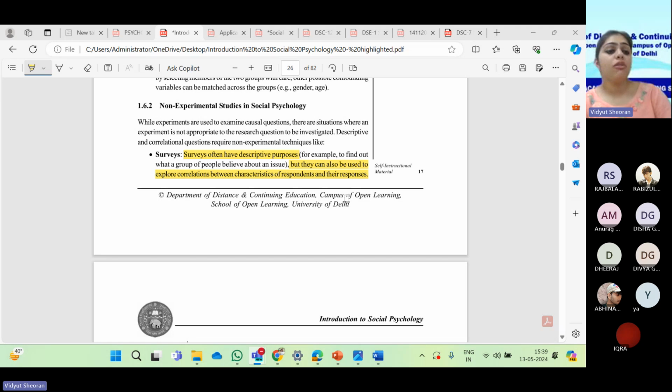So in surveys, you will often see that there is a list of questions, be it close-ended or open-ended, which are asked by the researcher from the participants. They are for a descriptive purpose and can be used to explore the correlations between characteristics of respondents and their responses.